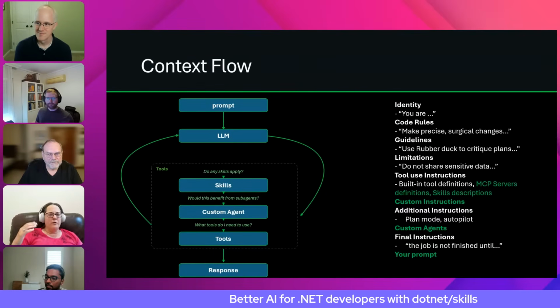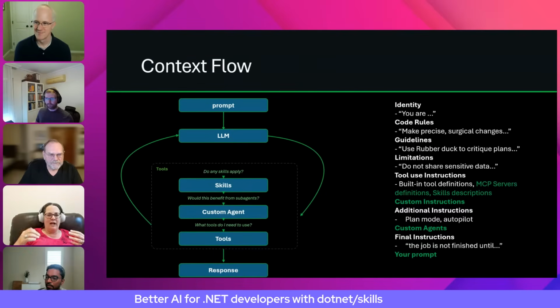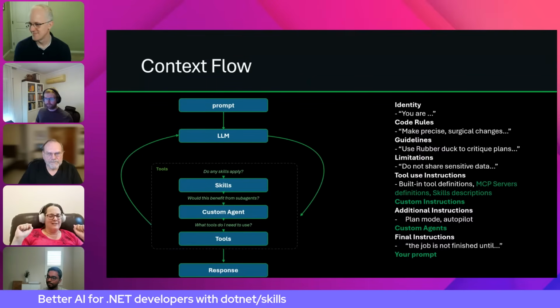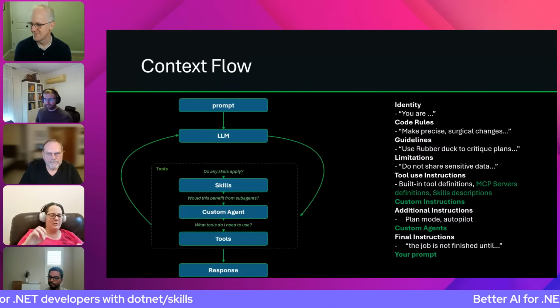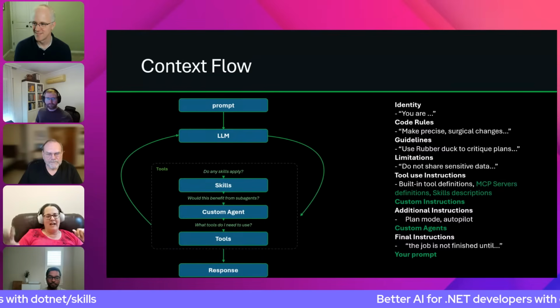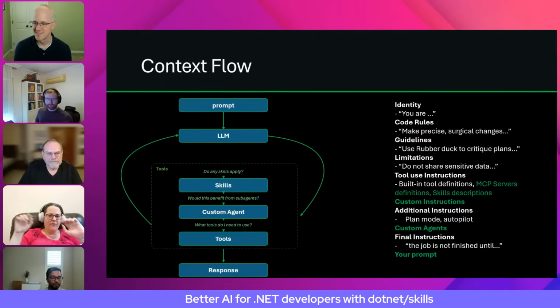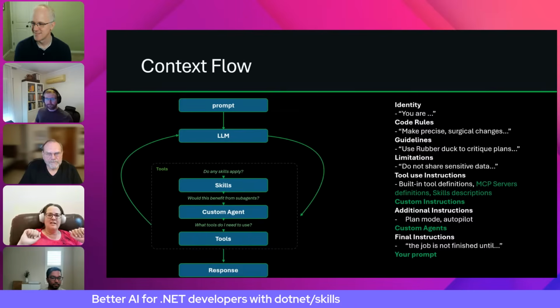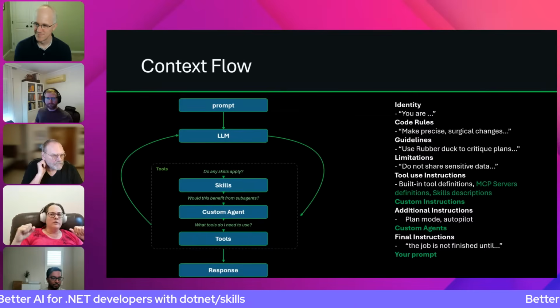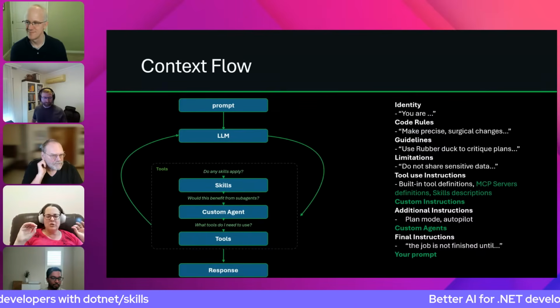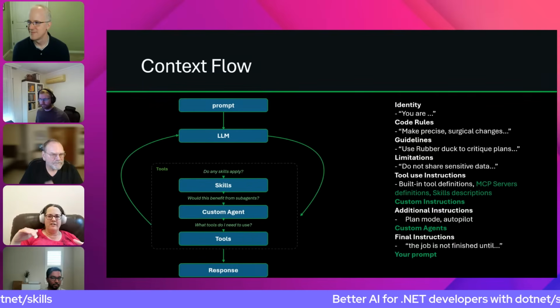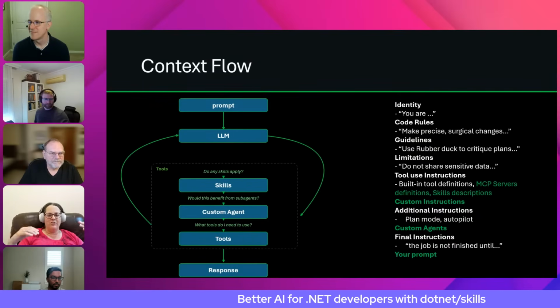So first off, when we're sending information to the LLM, a basic prompt gets sent. And this prompt is not just what you typed in, but it's a whole bunch of things that I have listed here. First, it says, you are, and then something like you're a senior software developer, along those lines. Then there's a set of code rules that it provides. Make sure you make precise searchable changes, and all the different guidelines that we give with regard to coding.